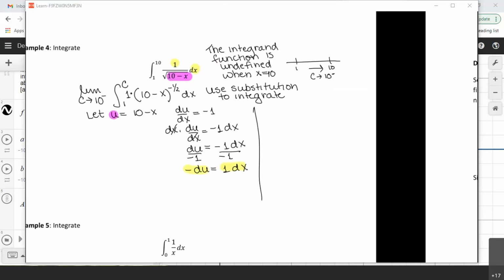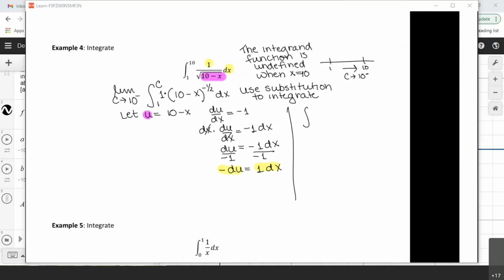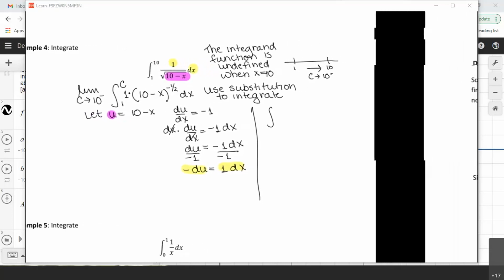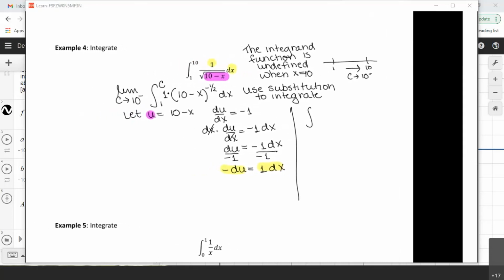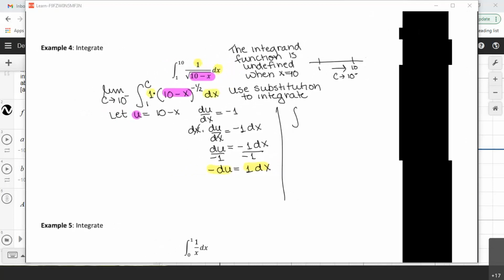All right, so now let's do the substitution. Because I'm doing u substitution, I'm just going to do an antiderivative and then plug in the bounds when I'm finished. So I don't have any problem with u bounds versus x bounds. I wrote it as 1 times 10 minus x to the minus 1/2 dx. Let me look at the rewritten one. I have 1 in dx, that matches, and then the 10 minus x is my u.